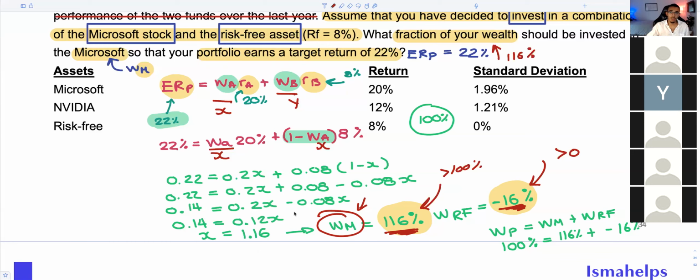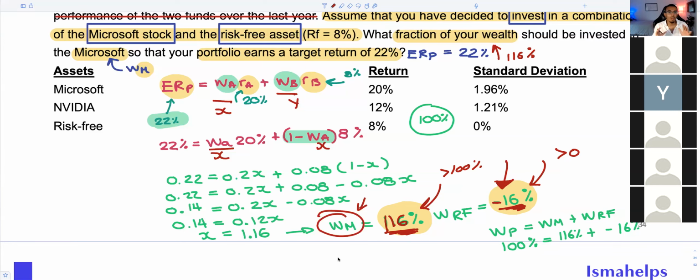And the reason why we're still following that rule is because we are invested at minus 16% with the risk-free rate. Okay, here it's a minus. So we're invested at minus 16%, and that's why we could be invested at 116% here. Do you need to understand the whole rationale behind it for now?